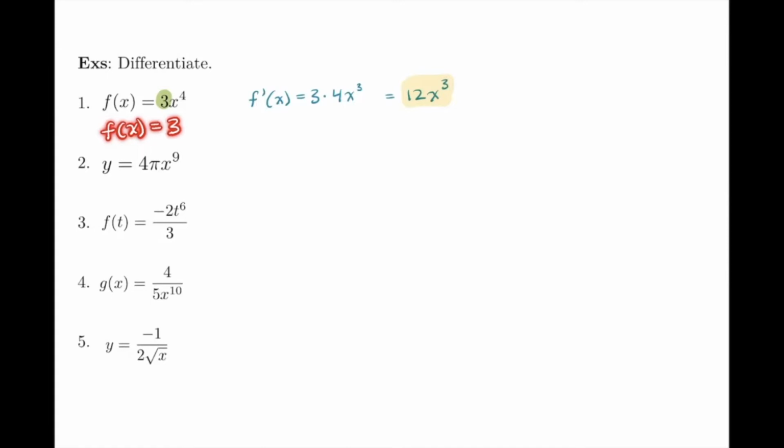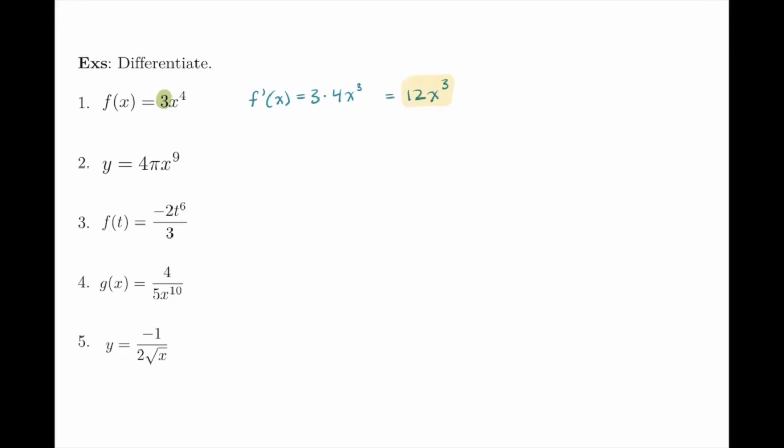The derivatives of each of these kinds of things are very different. We know that the derivative of a constant function is equal to 0. But when we have a constant multiple like this 3 here, it stays. It does not become 0. It multiplies by the derivative of whatever the variable part is in the original function.